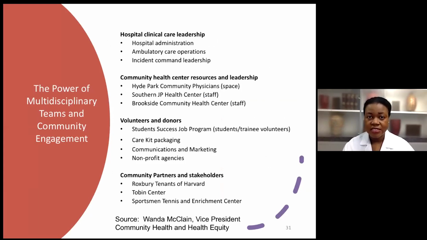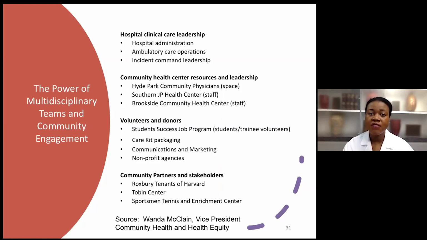Taking all of these points into consideration, I think there is one summary point that's important to take away from our experience, and that is the power of multidisciplinary teams and community engagement in doing work to address health equity in clinical settings.